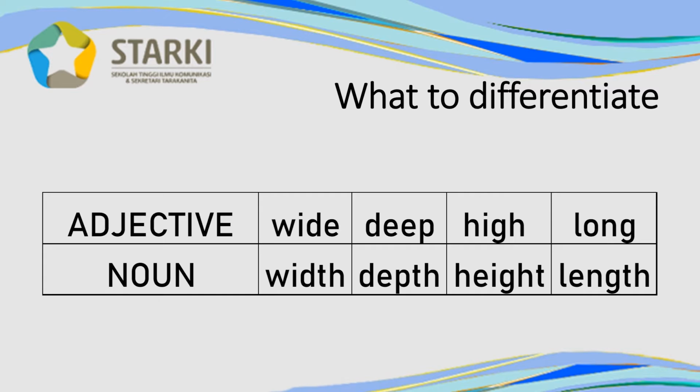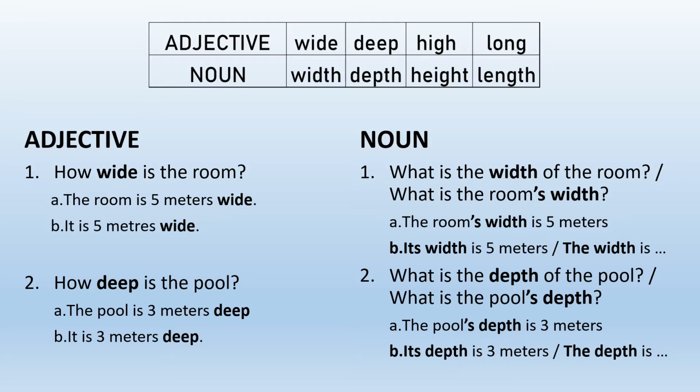Let me give you the examples. I put measurements above for using adjective and also the noun in order to make you memorize on the things we are going to see coming from the sentences. For example, I start from the left side, adjective.